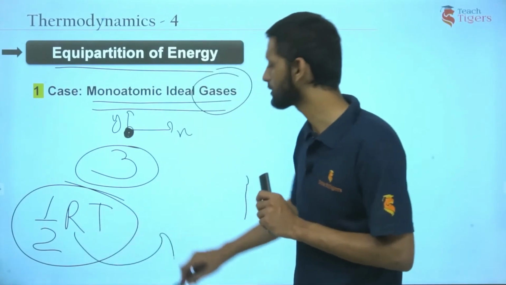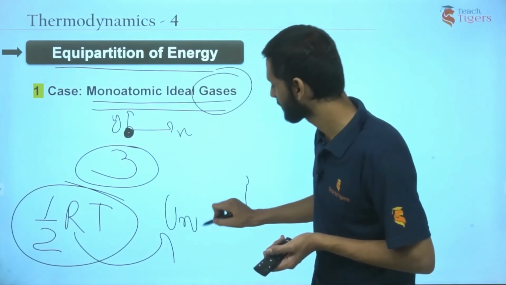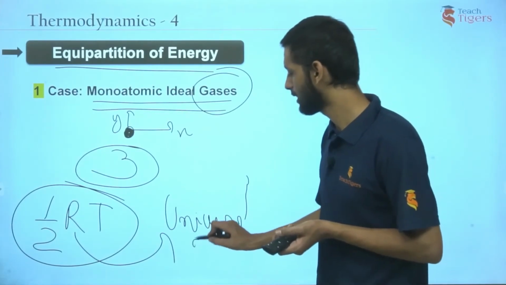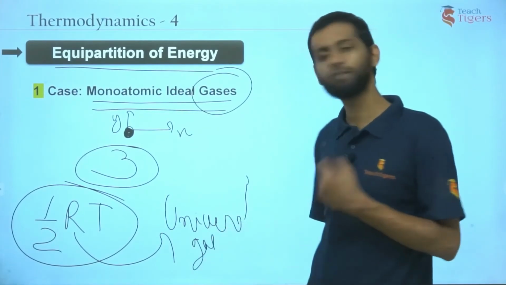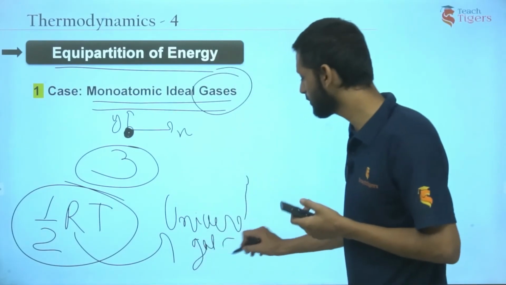R is what? R is the universal gas constant. You must have done certain questions from ideal gas. If you have not, you will come across those questions. It's the universal gas constant.